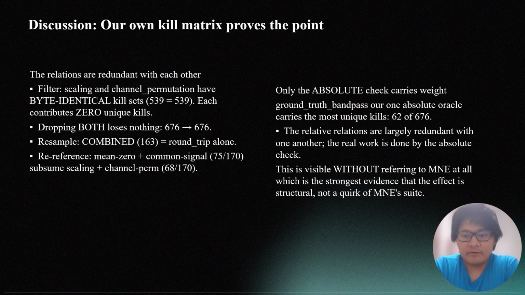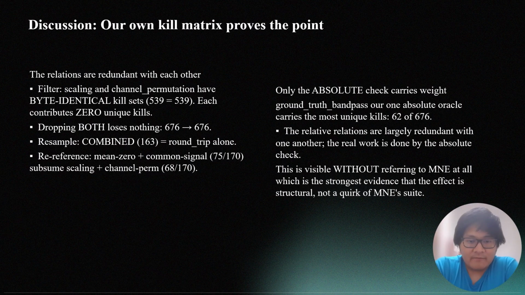Along with that, the relations that were formed ended up being redundant. For our filter and within filter, the scaling and channel permutation relations have identical kill sets, about the same amounts. So they both contributed no unique kills for the bugs.